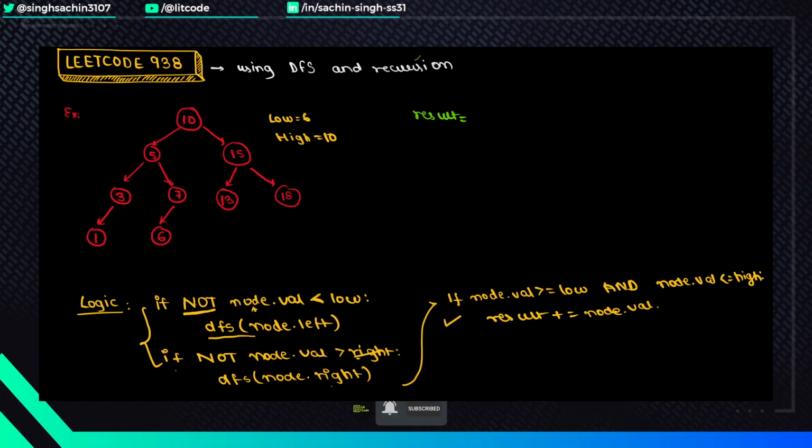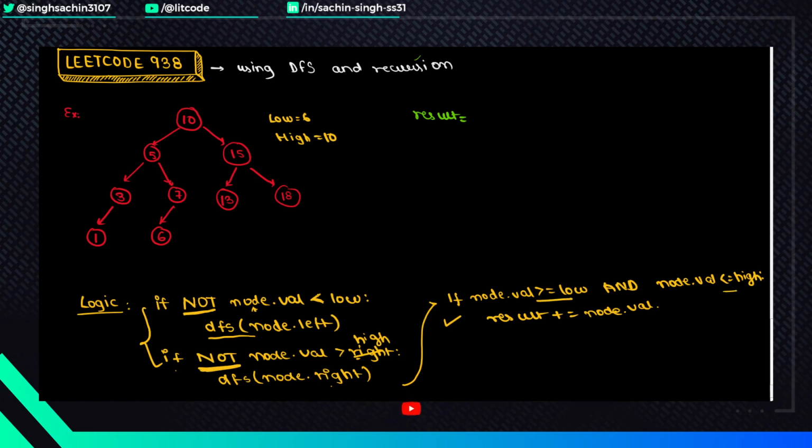This right should have been high. We are using negation over here, so that's why I said the logic the other way around. And we will add the value to the result if it lies between low and high, inclusive of these values.